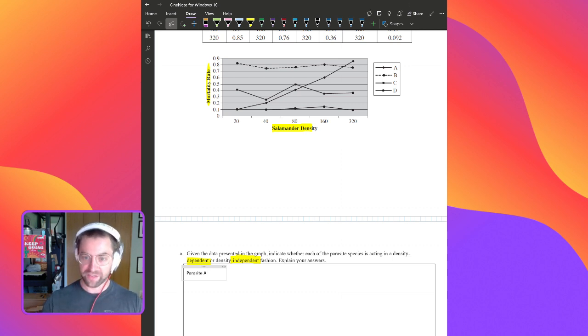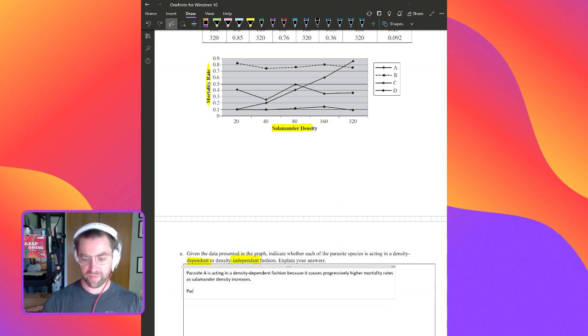As density increases, the mortality rate increases. Density-dependent fashion, because it causes progressively higher mortality rates as salamander density increases.